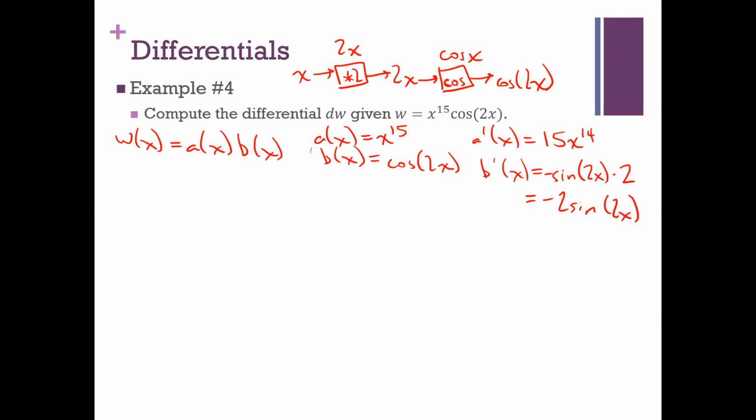And now I think we have everything, which means I can write down what dw dx is, or you can tell me what it is. What is dw dx? 15x to the 14 cosine 2x minus 2x to the 15 sine 2x.